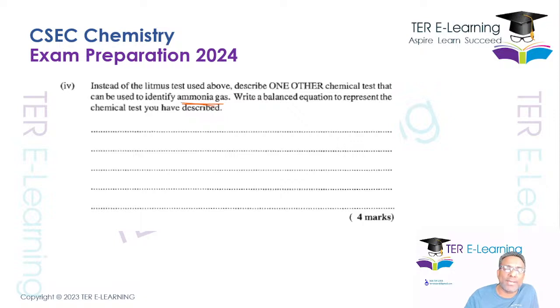So if you want to test for ammonia gas here, all you need is to allow the NH3 gas to come in contact with HCl fumes, HCl gas, and dense white fumes will be produced.